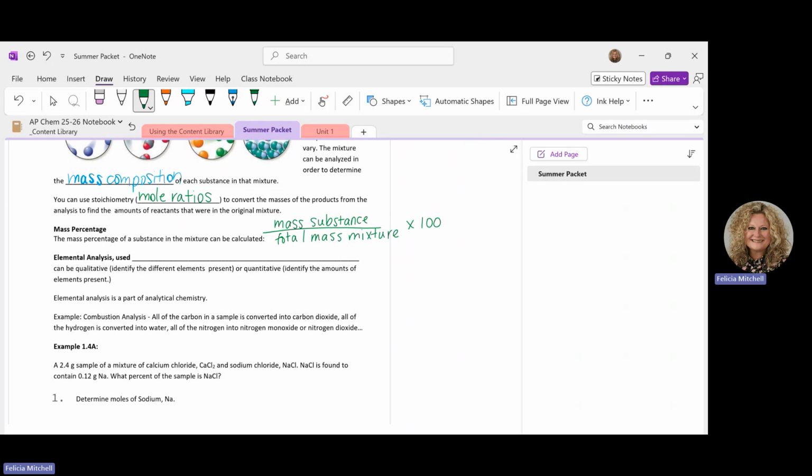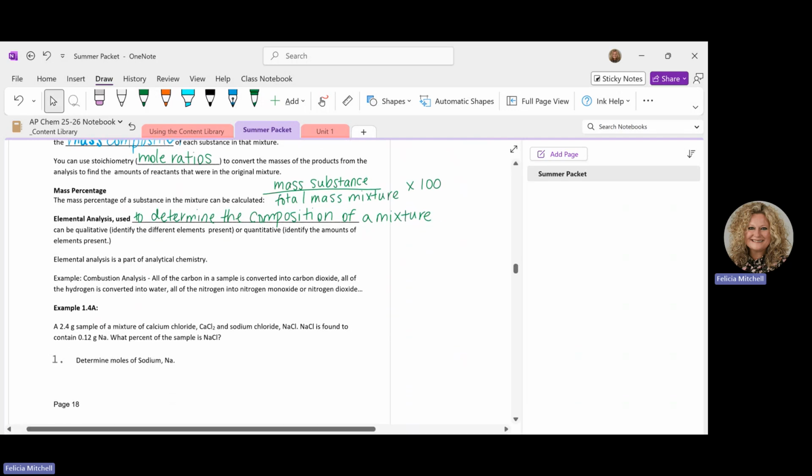But elemental analysis is used to determine the composition of a mixture. Maybe it's just to qualitatively tell me what elements are in it, or quantitatively tell me the amounts of the elements that are in it. This is called analytical chemistry.